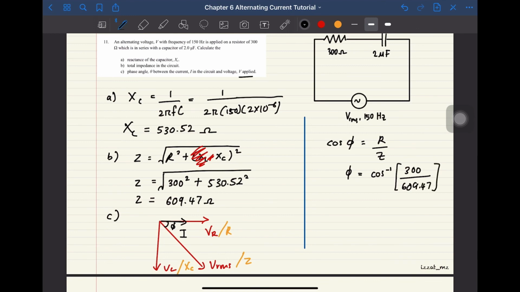Obviously you can use V as well, but you don't have those values. Okay, if your calculator is in radian mode, you will get the answer in radian, which is 1.06 radian. If you use degree, you get it in degree. Okay, it is 60.51.